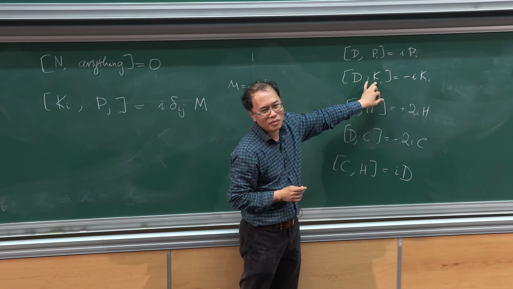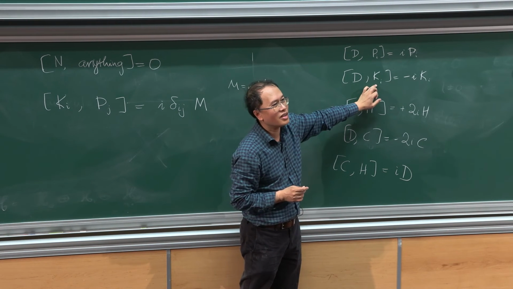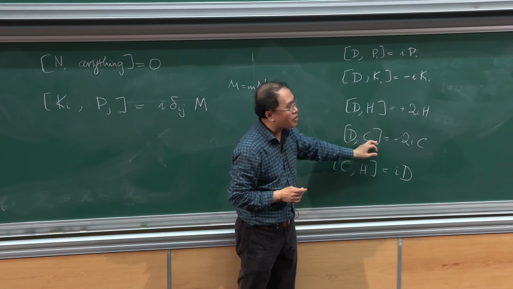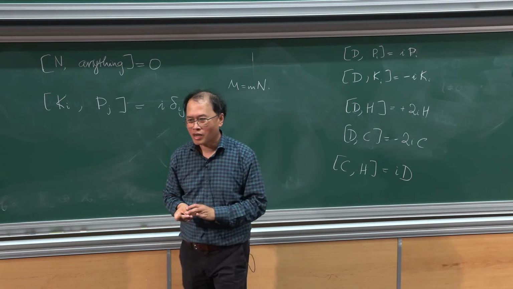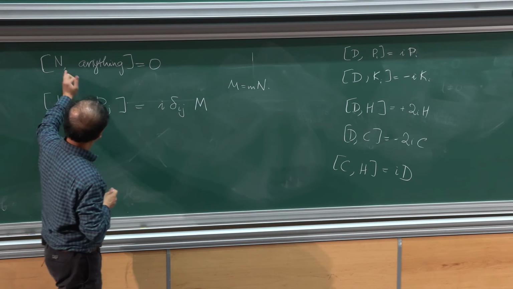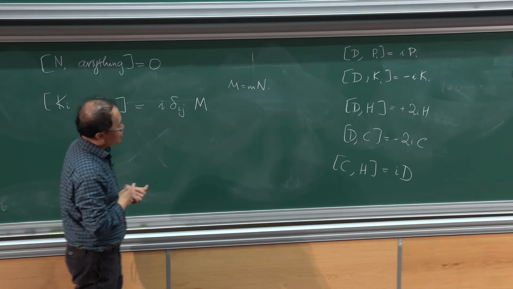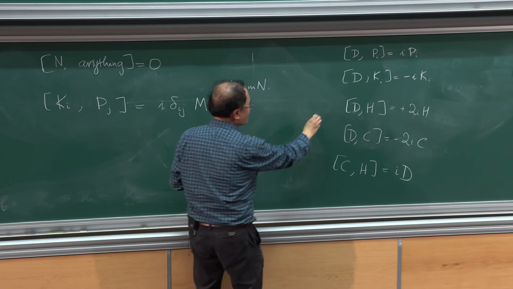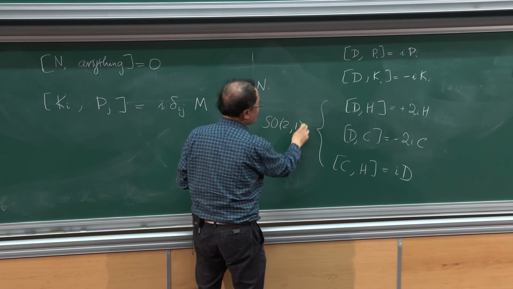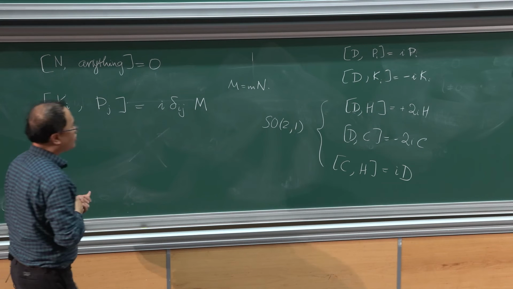The Galilean boost, usually we don't think about its dimension, has dimension -1. And the special conformal transformation has dimension -2. The other operators have dimension 0. For instance, N has dimension 0.